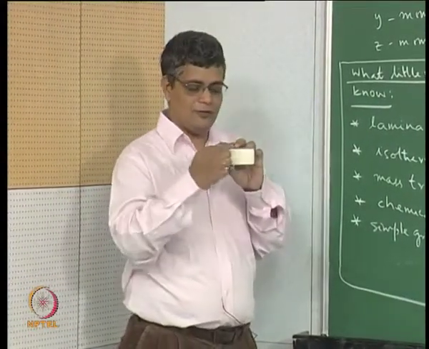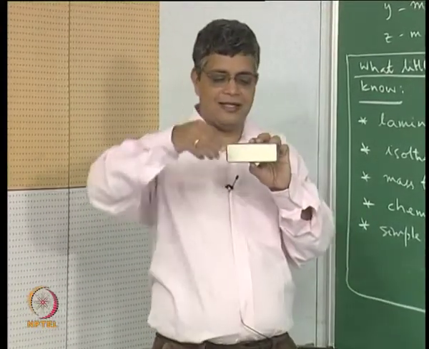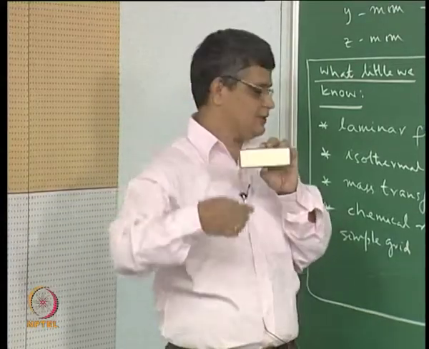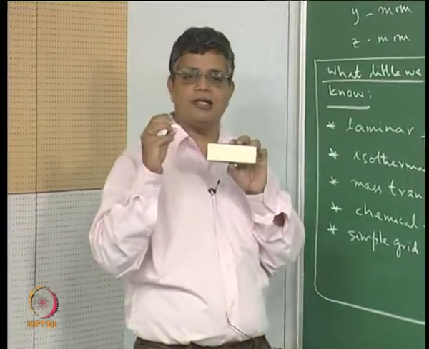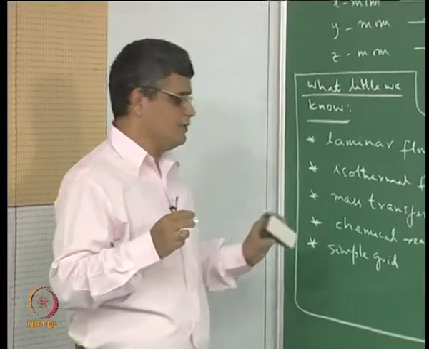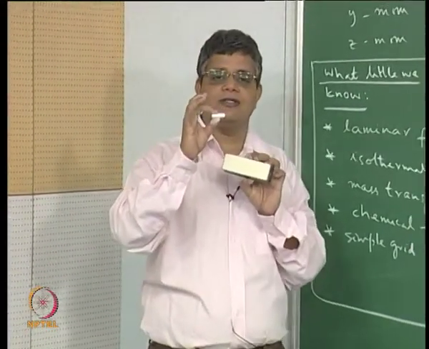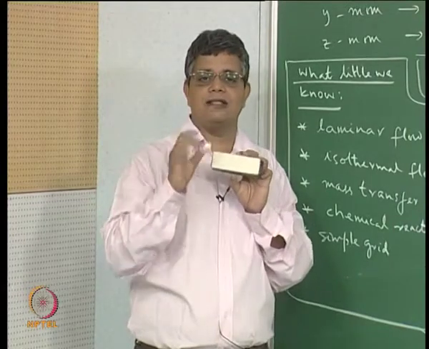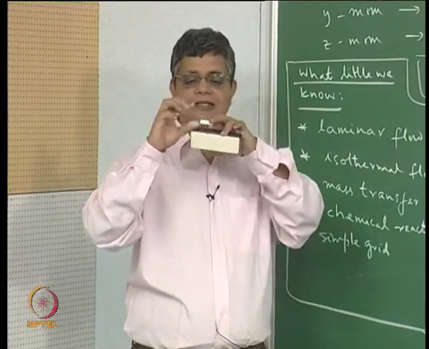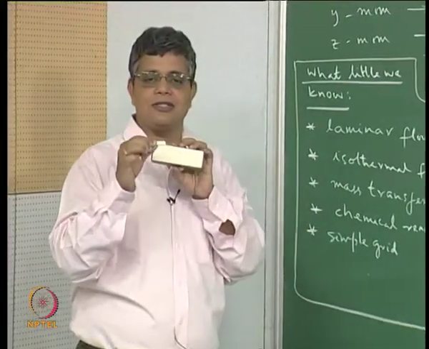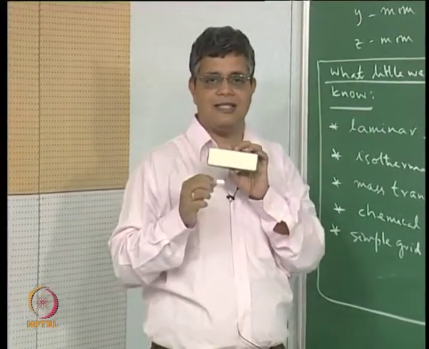If you have a flow domain in which this is there and inside that you have a chalk piece and you want to find the flow over the chalk piece and look at what is the drag force acting on this, then we cannot use this method because we cannot represent this chalk piece in terms of simple Cartesian coordinates. We have certain lines here, the surface here, which cannot be represented as constant x or constant y or constant z line.